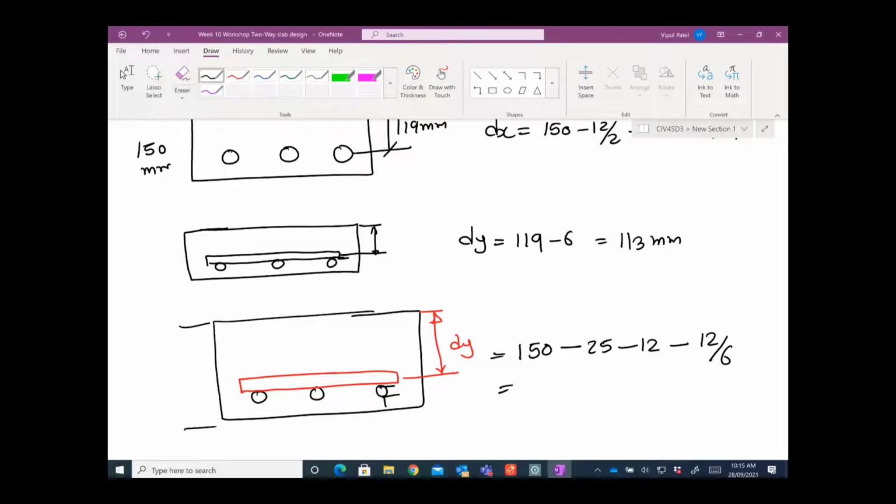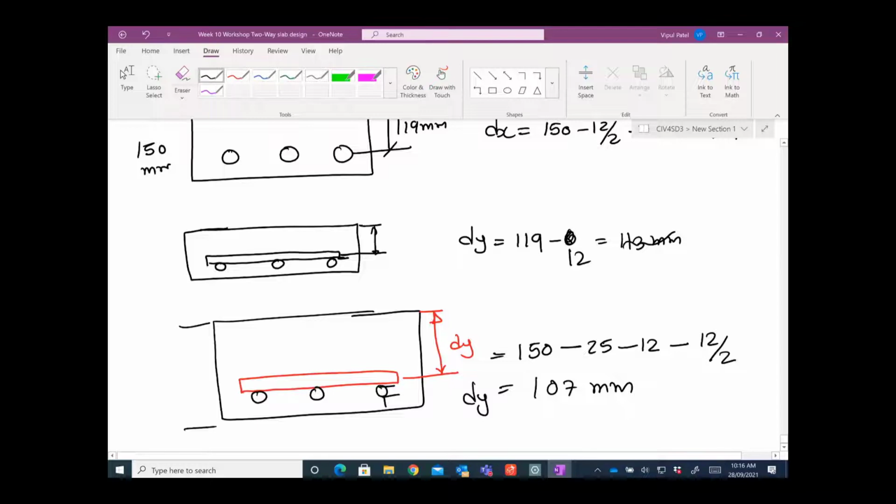Let's check it out. So 150, take away 25, take away 12, take away, oh, this is divided by 2, sorry, take away 6. Oh, this is 107, because I should take away 12. So 107 is dy. I hope you understand that.